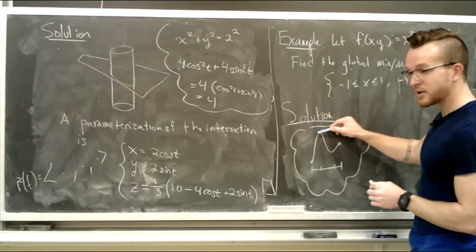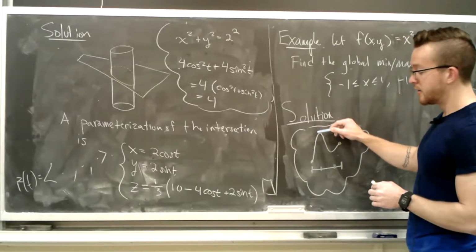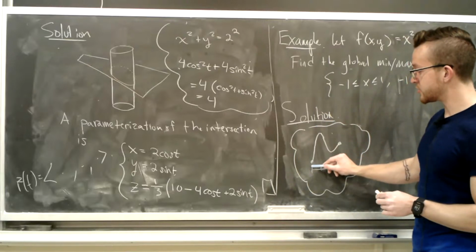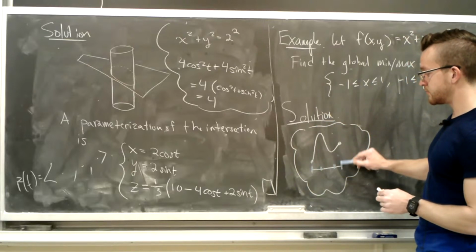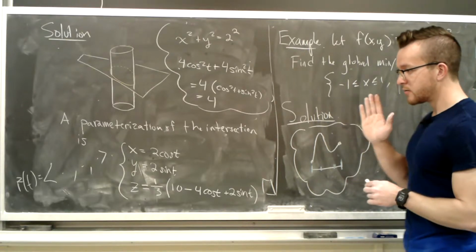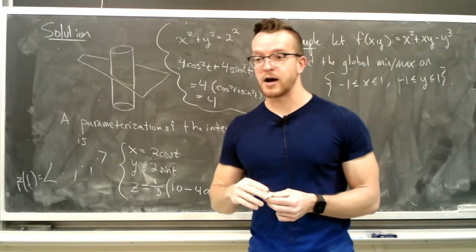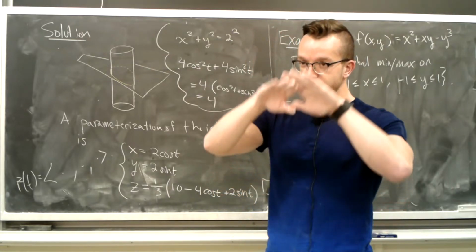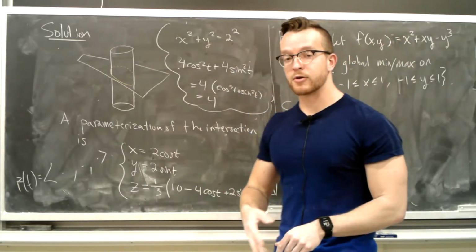But is it enough to check critical points? No. You also have to check the endpoints. It's the same deal in higher dimensions. The most difficult complication is that checking the boundary becomes a lot more involved.